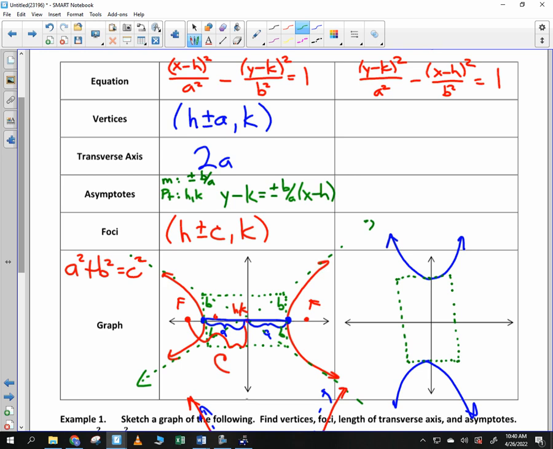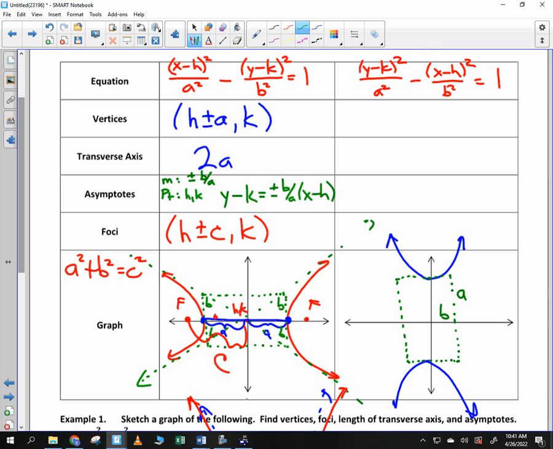I go a units in the y direction. Anybody want to guess how many units I go in the x direction? I go b units in the x direction. Okay, so it's b over and it's a up. You can tell that because the a squared is under y and the b squared is under x.